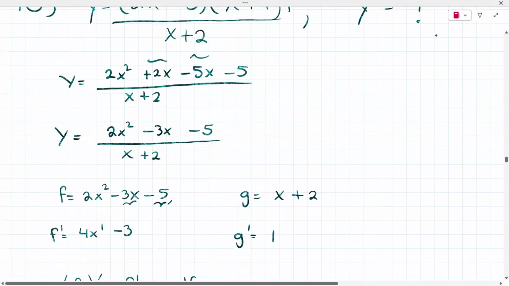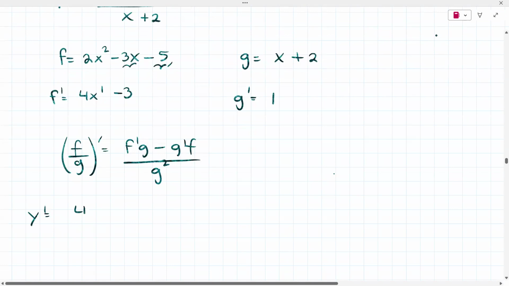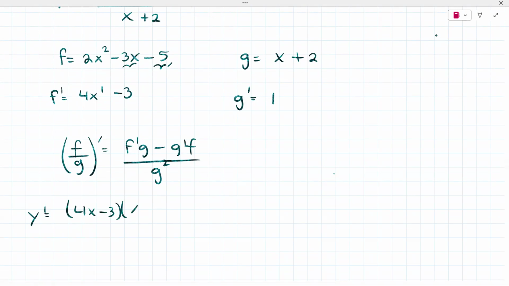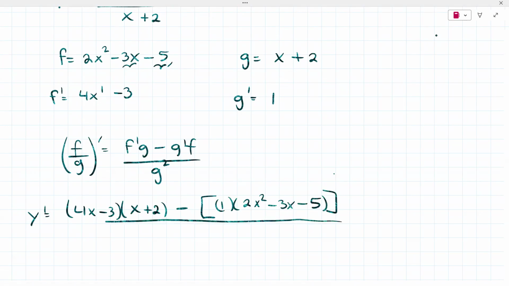Oh, my f prime is 4x minus 3. Sorry. Yeah, 4x minus 3 times my regular g, which is x plus 2. There you go. Minus, and I'm going to use a bracket because I have to distribute the minus, and then g prime is 1, and then f is 2x squared minus 3x minus 5, all over g squared. So my g is x plus 2 squared.